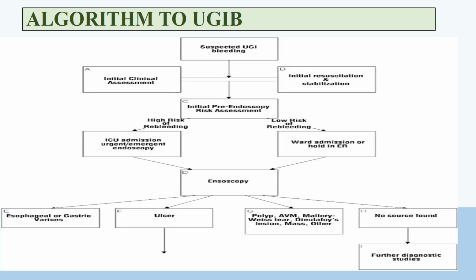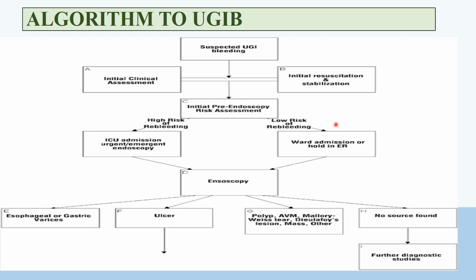To summarize again, this is a simple algorithm. If you're suspecting an upper GI bleed, you want to decide whether the clinical assessment, history and clinical examination, and initial resuscitation are compromised. Initial pre-endoscopic risk assessment has to be done, whether the risk of rebleeding is there, because this patient will need more urgent endoscopy and ICU admission.